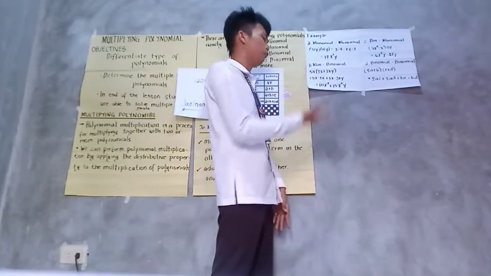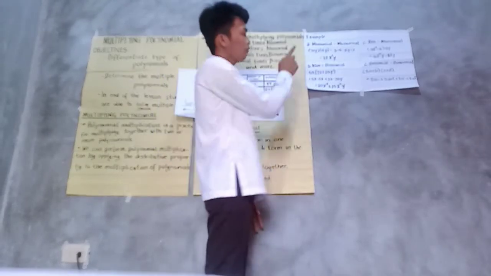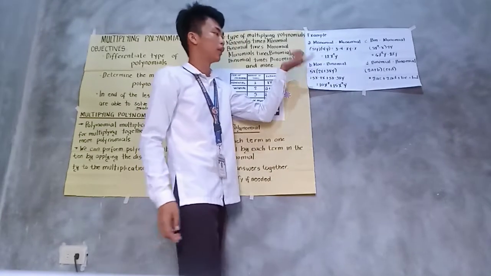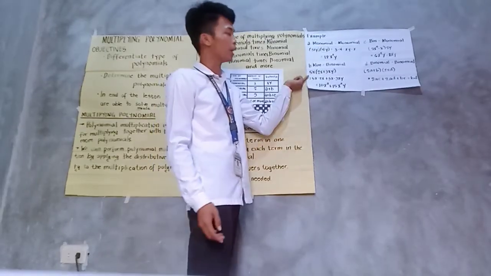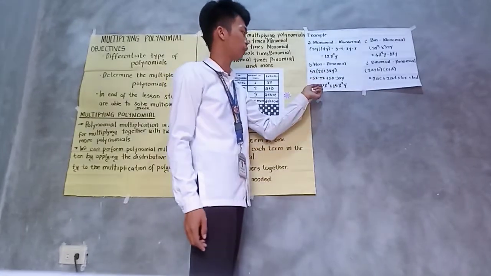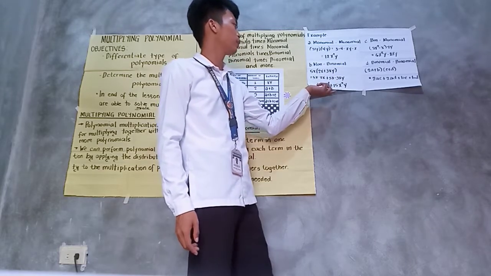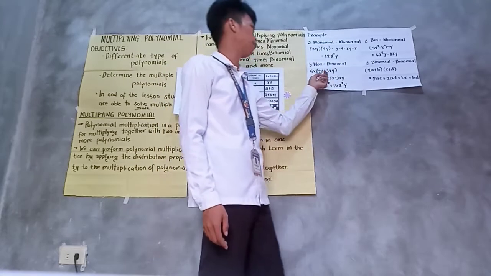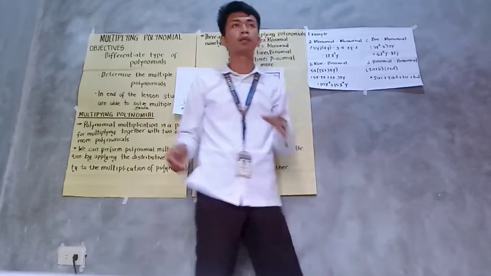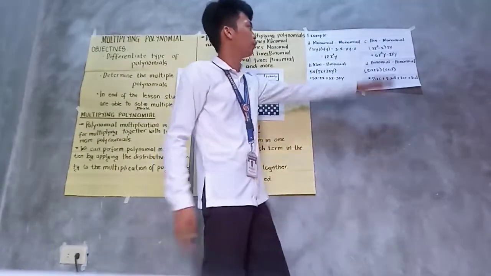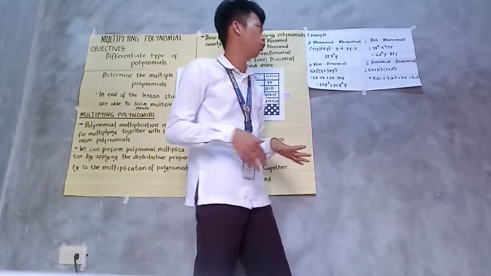For letter B, monomial times binomial: 5x squared times the quantity of 2x plus 3xy. So 5x times 2x is equal to 10x, and 5x times 3x is equal to 15x squared, and copy the sign of this term. Now, for letter C, binomial times monomial.